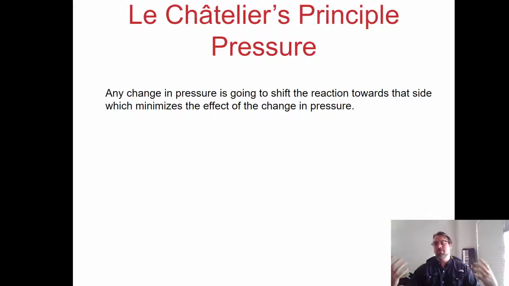And what we want to actually think about is, okay, which side is going to be affected by pressure the most, okay? And the easiest way for us to think about it is, all right, which side has more moles of gas? The side that has more moles of gas wants to have less pressure, whereas the one that has the least moles of gas is going to excel at high pressure, okay?